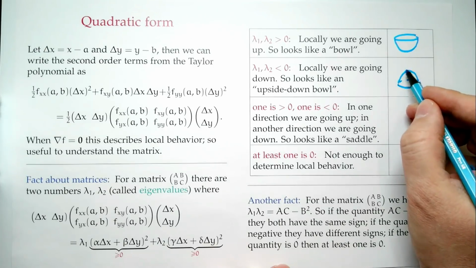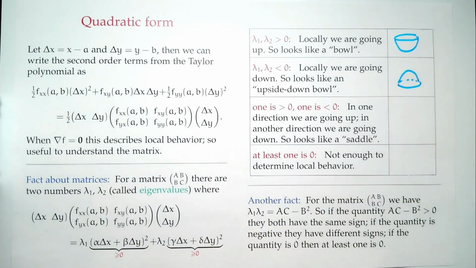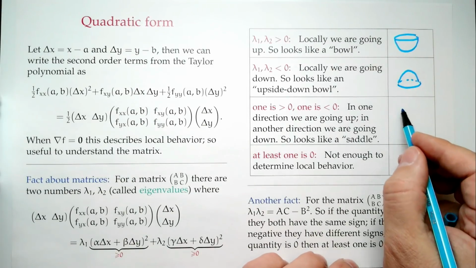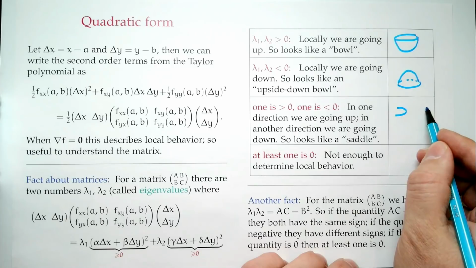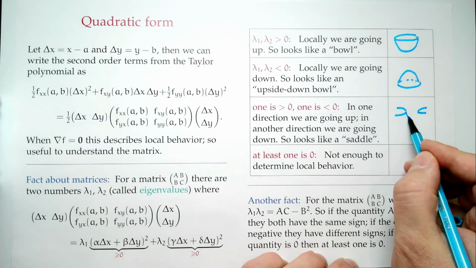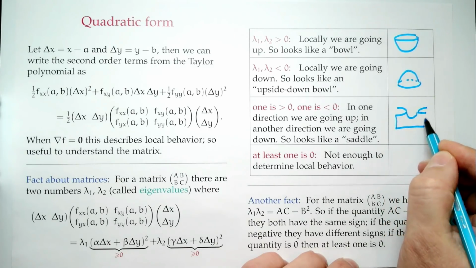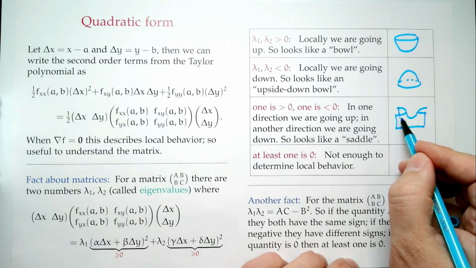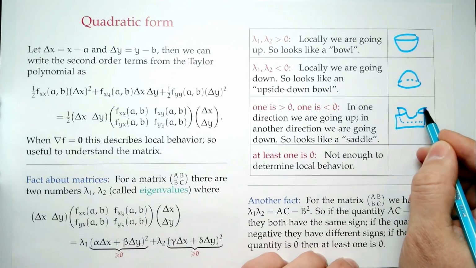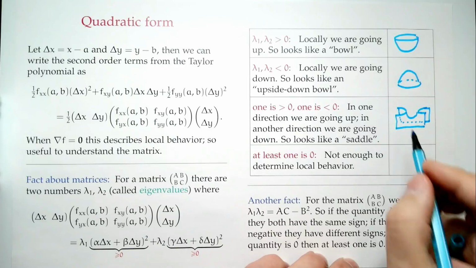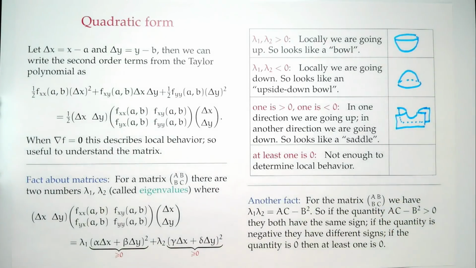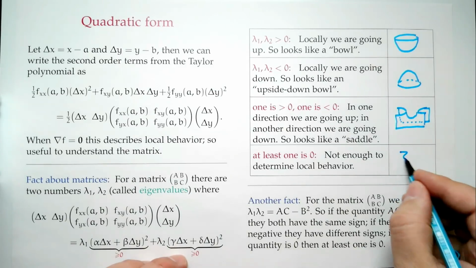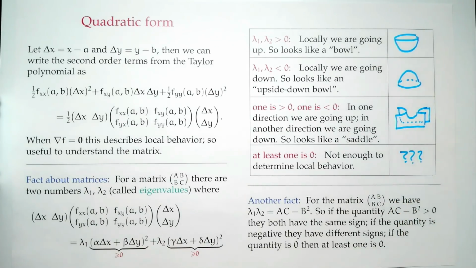So from my point (a,b), I'm going down any way that I go. If one is positive and one is negative, then locally I'm going to have a shape where in one direction I'm going up, but in the other direction I'm going down. So this is called a saddle. And if one is 0, there's just not enough information to figure it out.